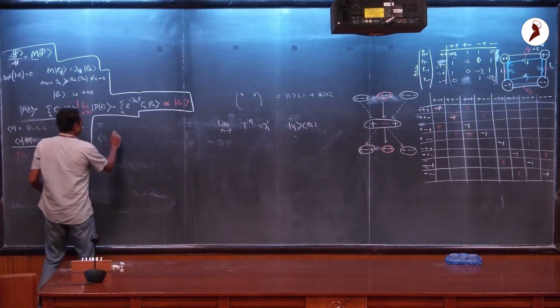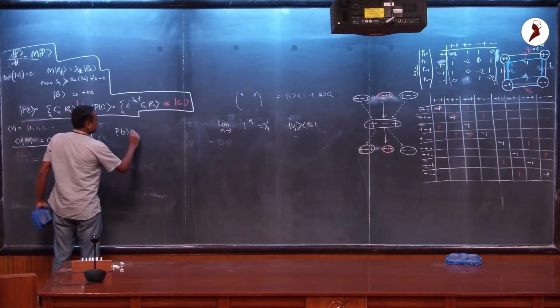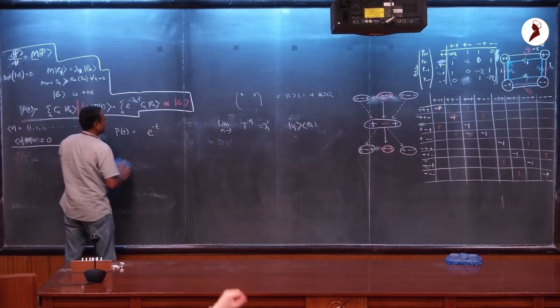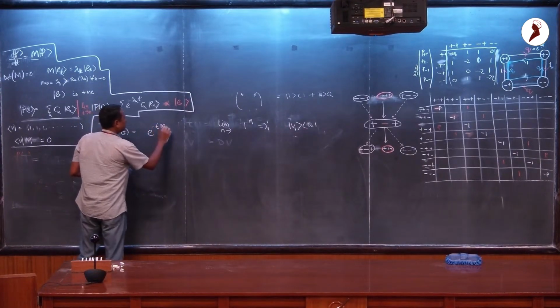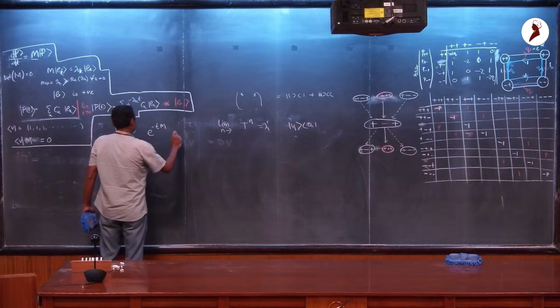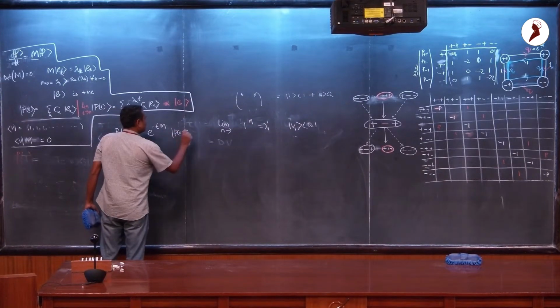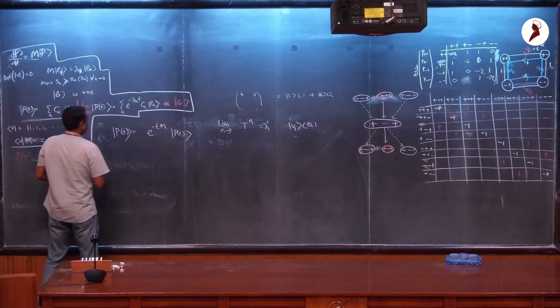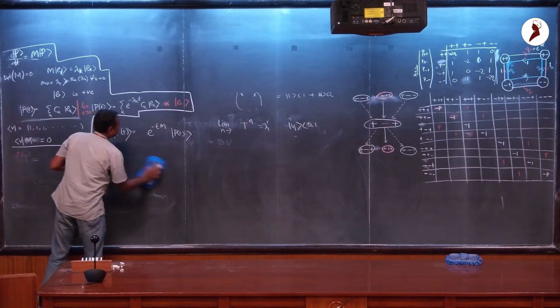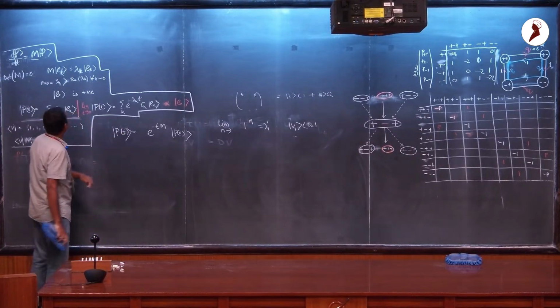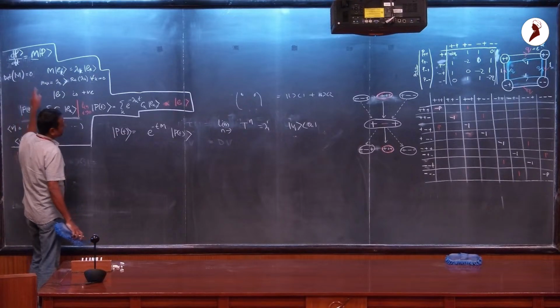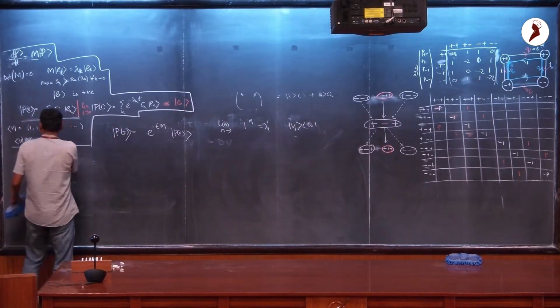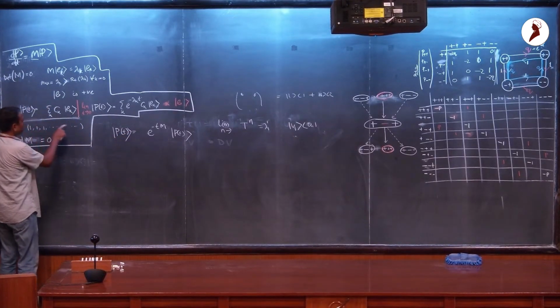So you have an equation, p of t equals e to the power minus t times M times p0. That is your state. Now, what you can see is that I define a vector b which is 1, 1, 1, 1, 1.